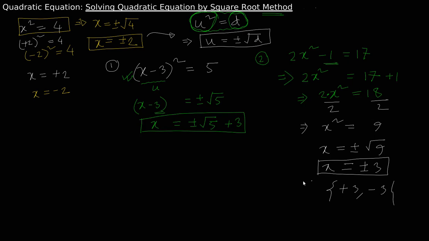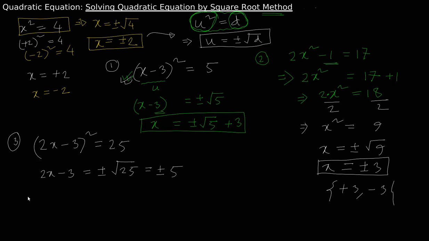Now let us solve the last problem for this video, which is number 3. Let's say I have (2x minus 3) squared equals 25. This problem is kind of similar to problem number 1. So in any case, I can write 2x minus 3 equals plus minus the square root of 25, which equals plus minus 5.